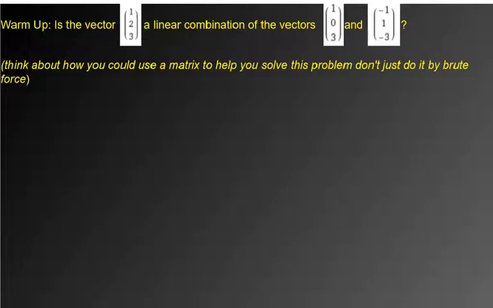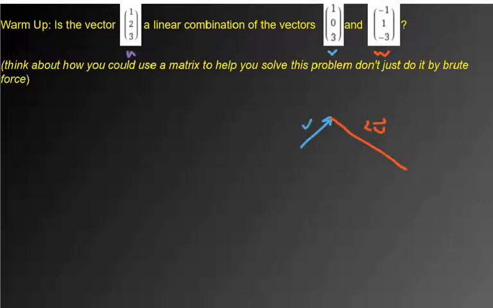So I think a picture can actually kind of help here. Let's say this is vector v, and this is w, and this is, I don't know, u. So the idea is maybe we can go v, and then maybe this is 2w or something.